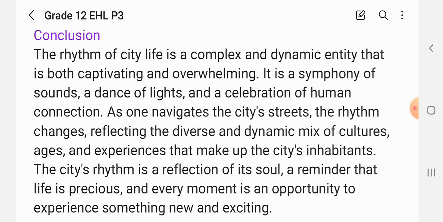As one navigates the city streets, the rhythm changes, reflecting the diverse and dynamic mix of culture, age, and experiences that make up the city inhabitants. The city's rhythm is a reflection of its soul, a reminder that life is precious and every moment is an opportunity to experience something new and exciting. So, this is your take. You conclude. And just like that, you have earned your marks and you have written your 400 to 450 words.